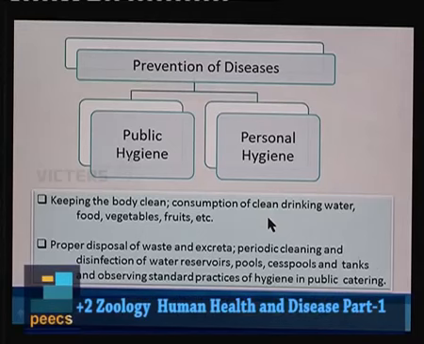By public hygiene, we mean a proper disposal of waste and excreta, periodic cleaning and disinfection of water reservoirs, pools, cesspools and tanks, and observing standard practices of hygiene in public catering. So, the prevention of diseases can be done by both personal hygiene as well as by public hygiene.